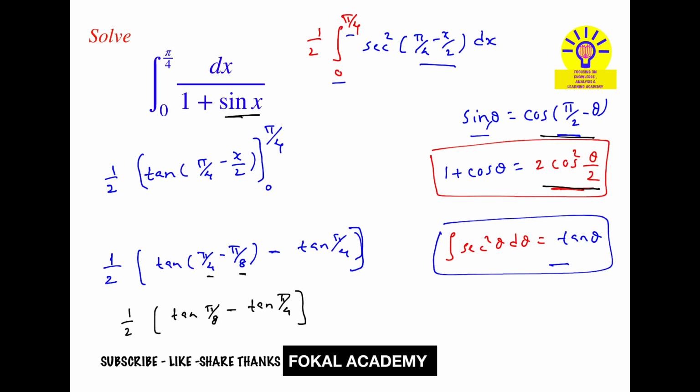Now use a calculator, you get the value: half of minus 1 plus root 2, and this is 1, so minus 1 is there. So it becomes minus 2 plus root 2 by 2. So this is the required answer for the given problem, and this is the process of simplification.